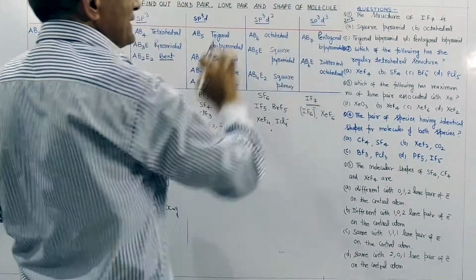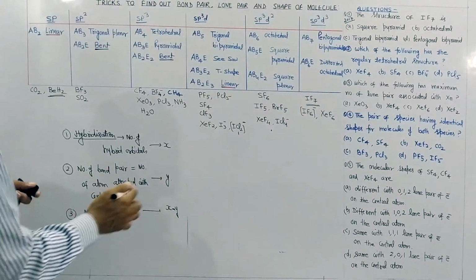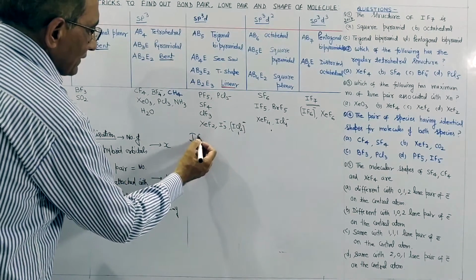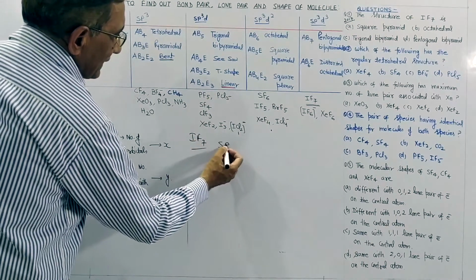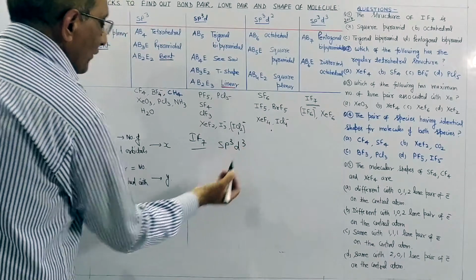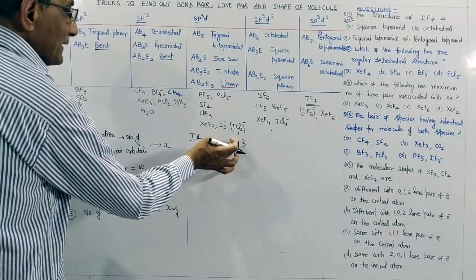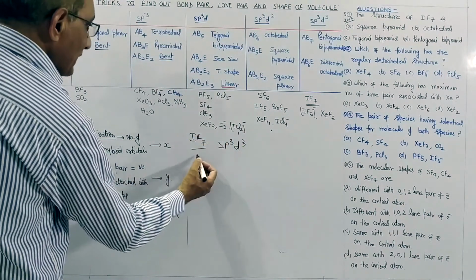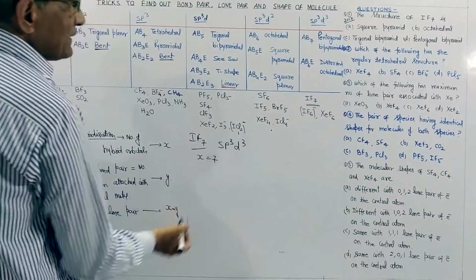Here we have sp3d3 hybridization. Total hybrid orbitals are 3 plus 3, 6, and 1, 7. It means x is 7.